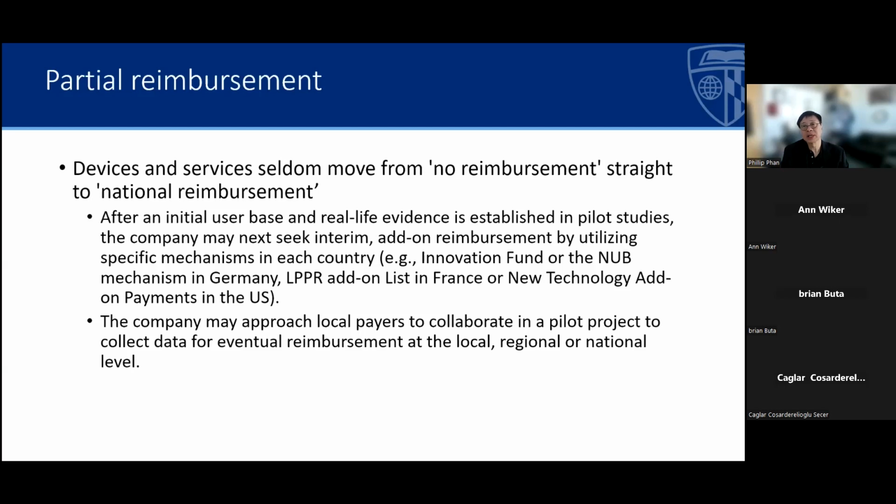You could actually work with an insurer, a payer in your local region, and propose to them the possibility of providing temporary coverage or interim coverage so that you can sort of partially finance your technology development and data collection through this type of an arrangement, right? So don't think of reimbursement as like an all or nothing proposition, especially during your technology development phase.